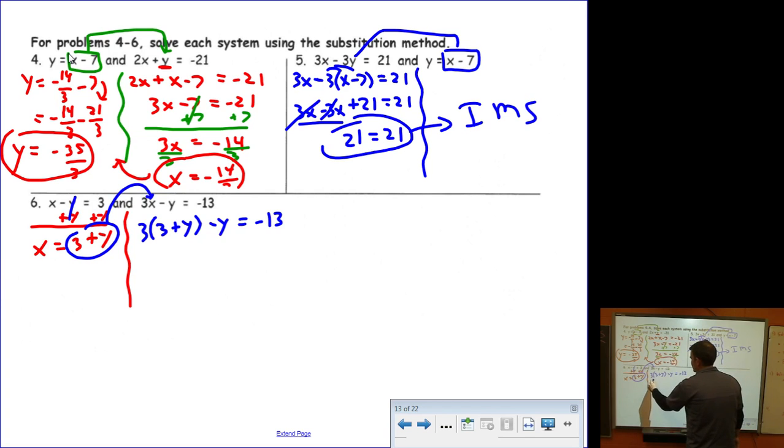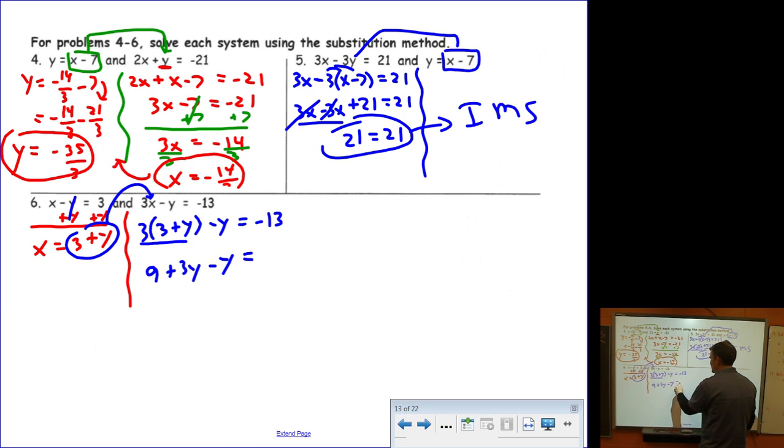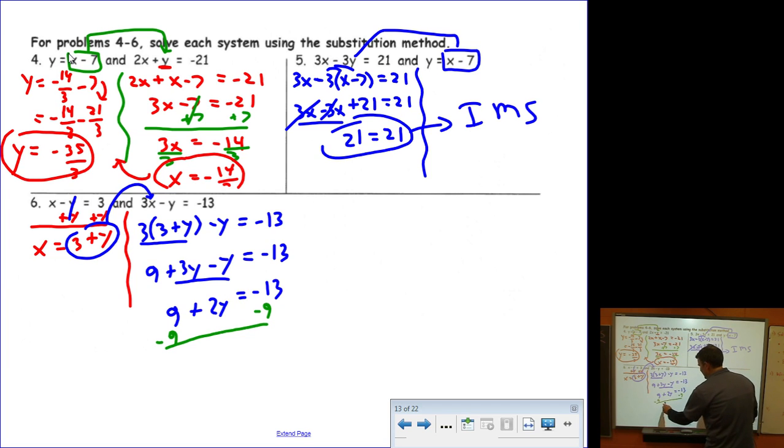When I distribute that, I get 9 plus 3y minus y equals negative 13. When I combine my like terms, I get 9 plus 2y equals negative 13. I would subtract 9 from both sides and get 2y equals negative 22. And when I divide by 2, I get y equals negative 11.